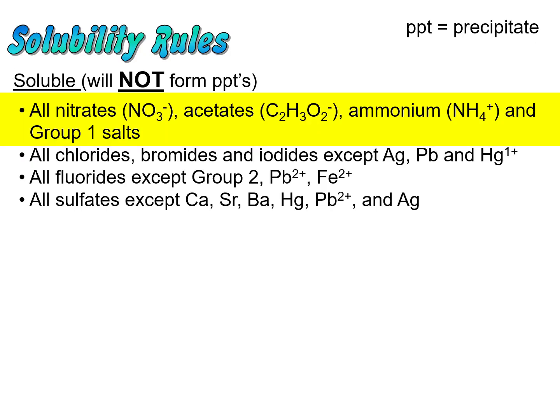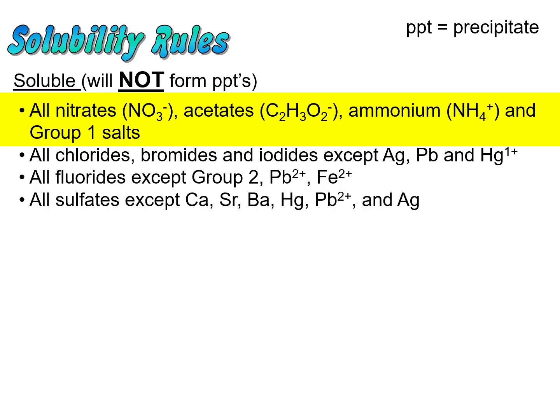The solubility rules are listed in the reference packet. In most cases, all you really need is what's shown in the yellow box. The thing that people have trouble with is whether you're talking about something that stays aqueous or something that forms a precipitate.